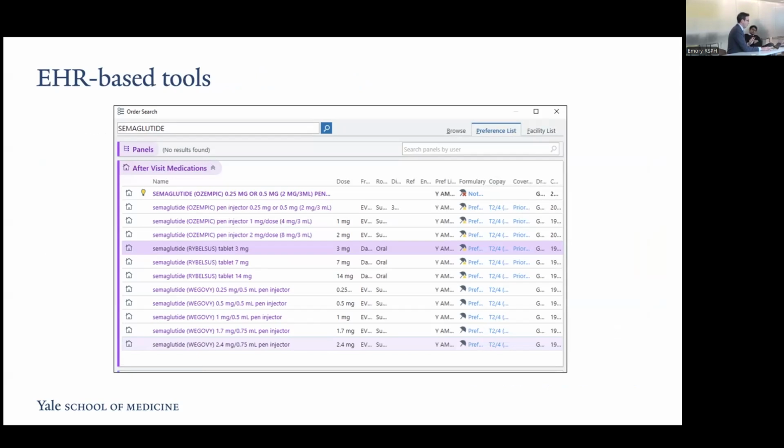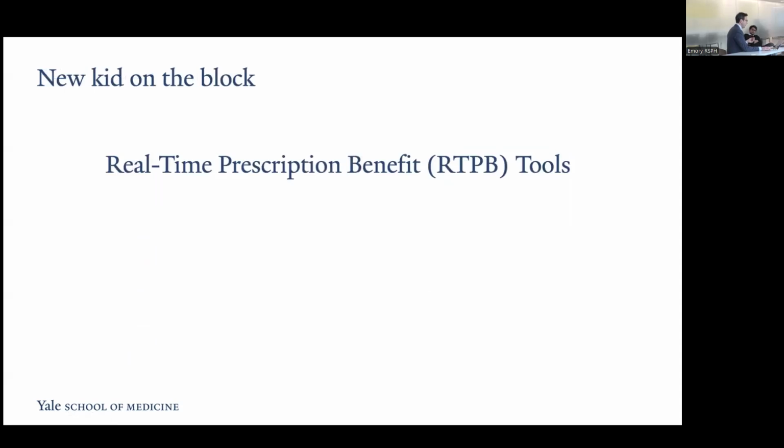This is an example of a former generation of a tool embedded into our electronic health record, where you go to prescribe a medicine and get some information about whether it's on the preferred list for the patient's insurance plan, or relatively what the copay is, but you don't get granular information. So for me as a clinician sitting with my patient, having a conversation about what this is actually going to cost you is very challenging. And so that's where we come to this new generation of tools called real-time prescription benefits.